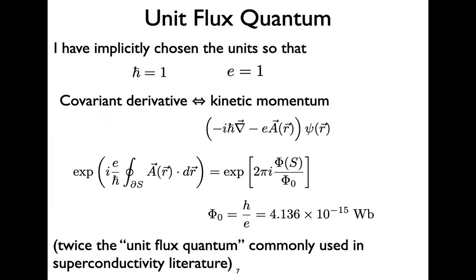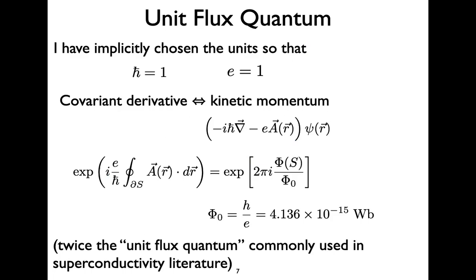I have implicitly chosen units so that h bar equals 1. In that case, the Aharonov-Bohm effect vanishes when the flux is 2 pi. But in more standard units, the Aharonov-Bohm effect vanishes when the flux inside this ring is h over e.